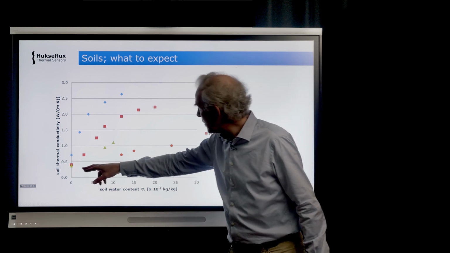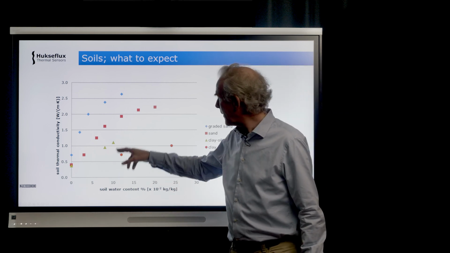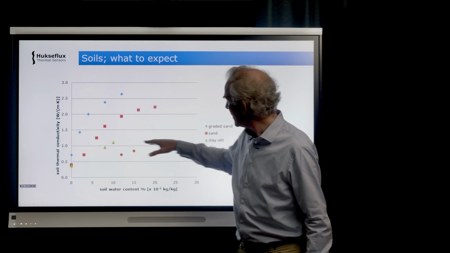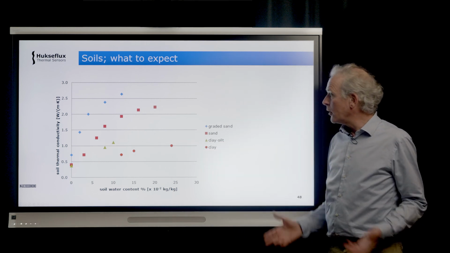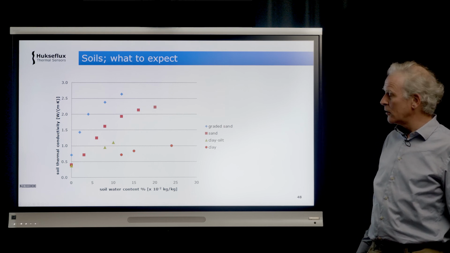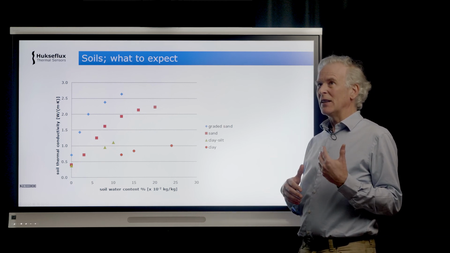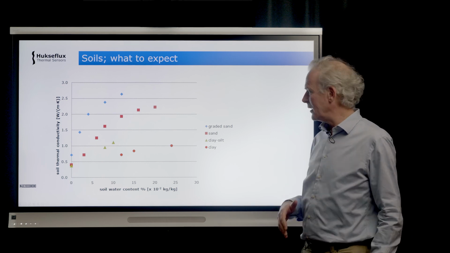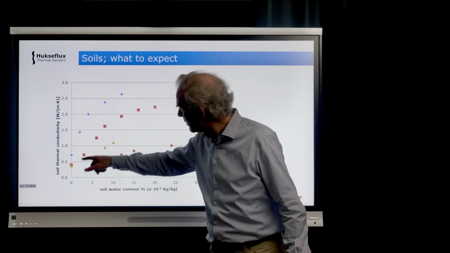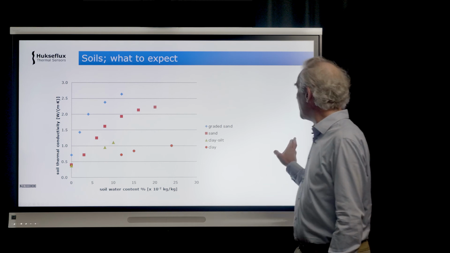And then finally, a mix between sand and clay silt, lower maximum water content, top thermal conductivity about the same as clay. So you can already get some feeling for what happens. What is important to realize is that soil moisture is a major factor in determining the thermal conductivity, and even a small change in soil moisture content will mean a very large change of thermal conductivity.